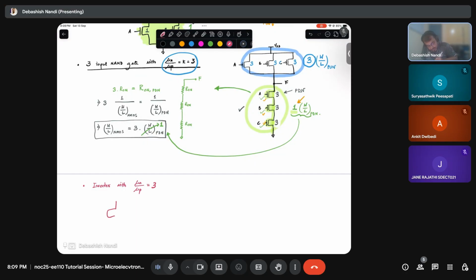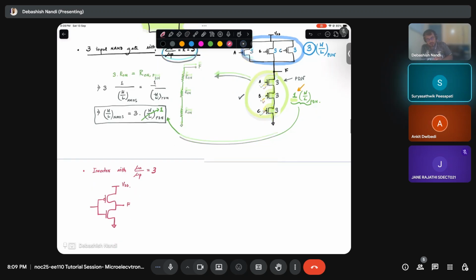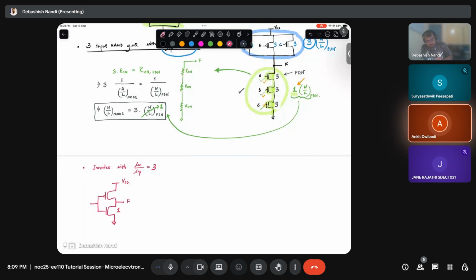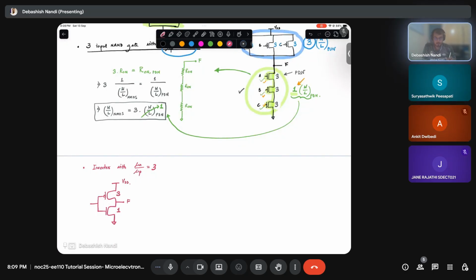How do we size that? Quickly tell. It is 3 now, sir. So PDN is 1 and PUN is 3, right? Yes. Now we will define something called logical effort.